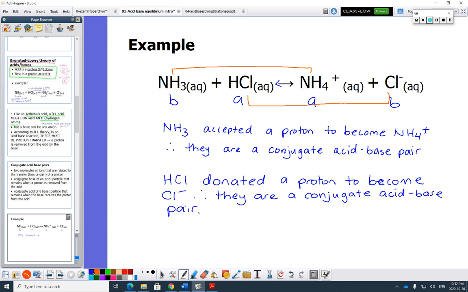So that's something that we would have done in grade 11, okay? So now what we're going to do is switch a little bit and do more of what's expected in grade 12. So the next example is to write the dissociation equations for phosphoric acid. So now you are going to make your own.